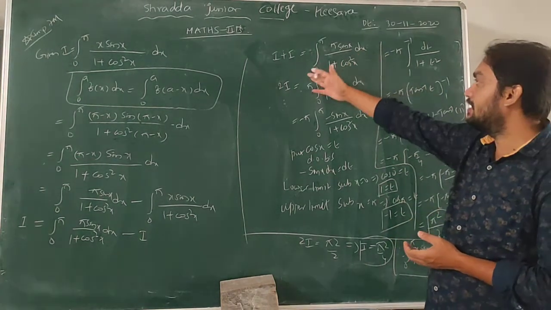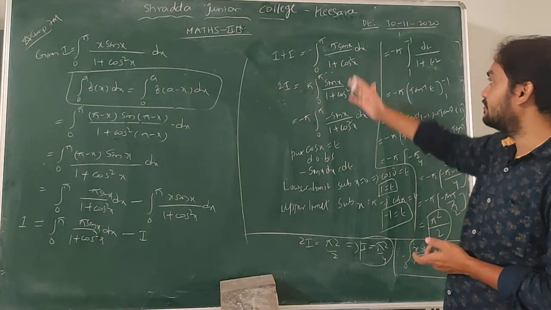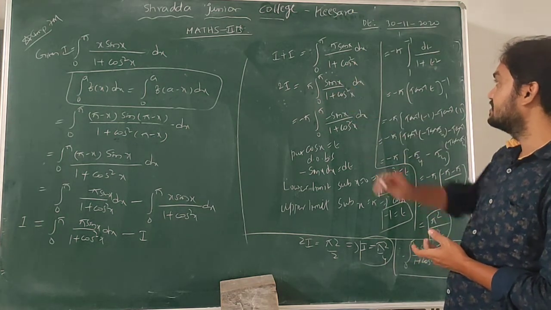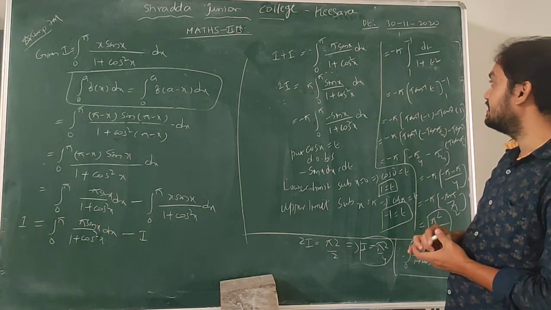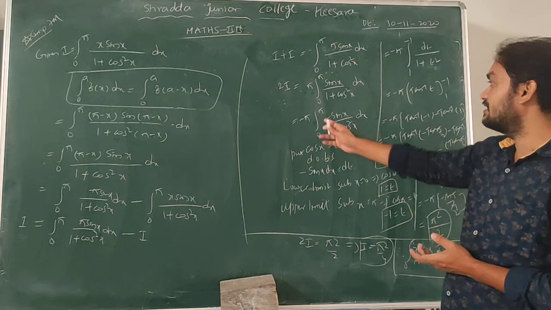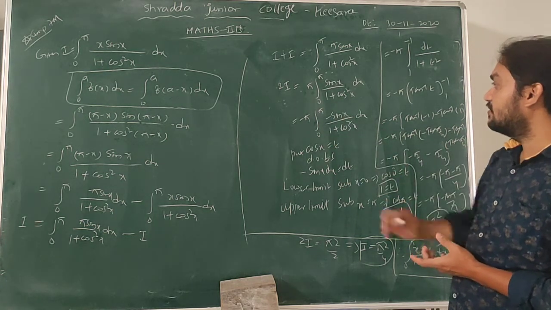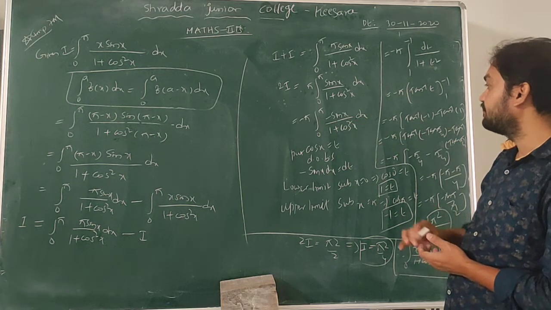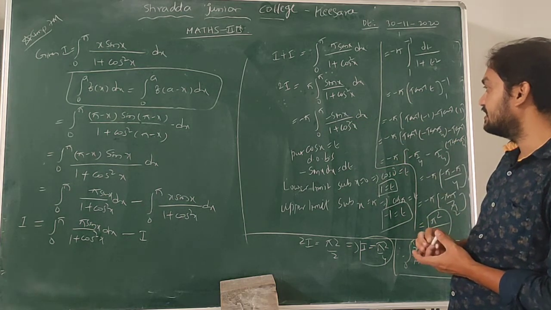Now here I plus I is nothing but 2I, here pi is constant. Integration 0 to pi sin x by 1 plus cos square x dx. Here we can write this as minus into minus: minus pi integration 0 to pi minus sin x by 1 plus cos square x dx.